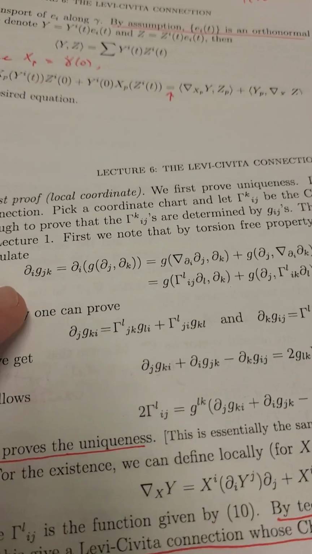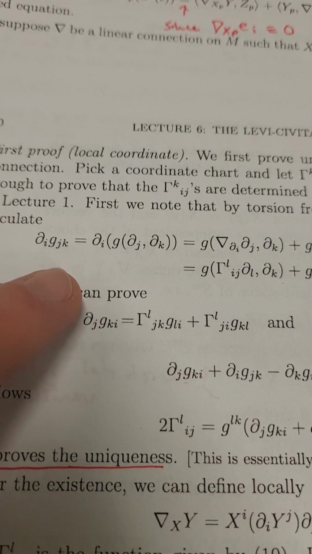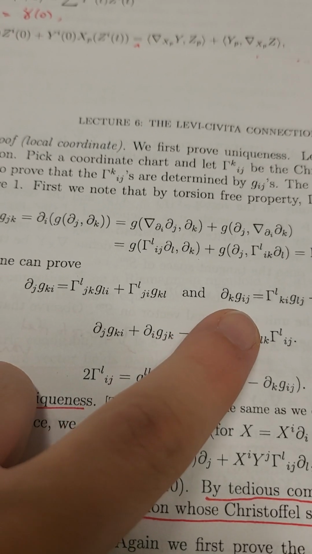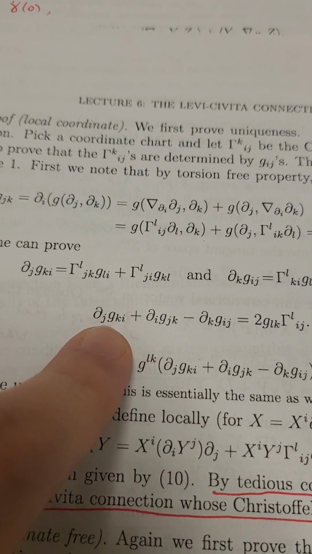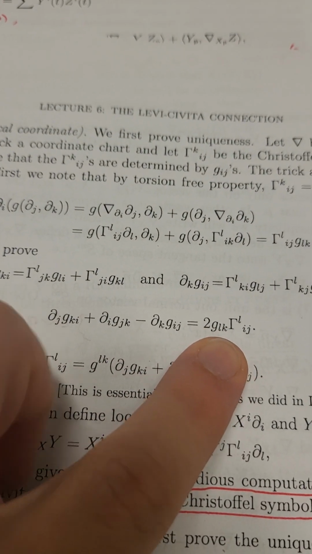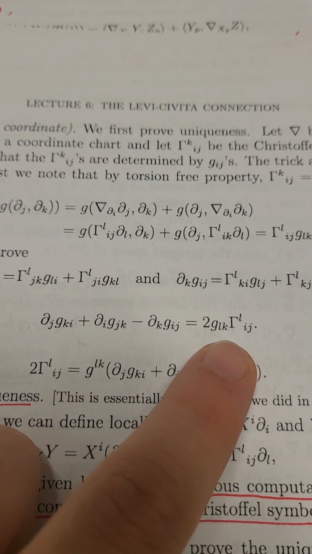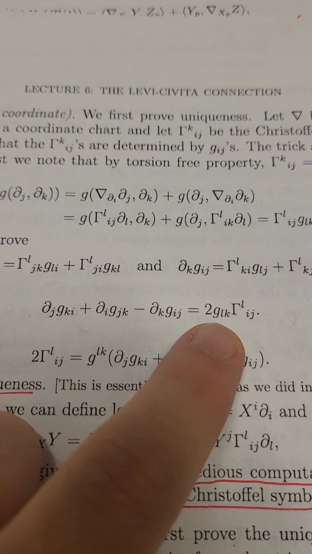We take these partial derivatives of the metric in their permuted index forms and add together two and then subtract the third permutation, and we end up with just a single Christoffel symbol multiplied by the metric.